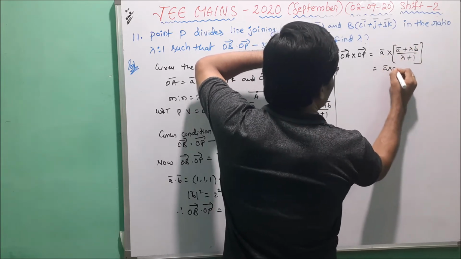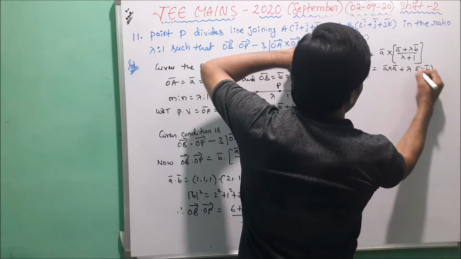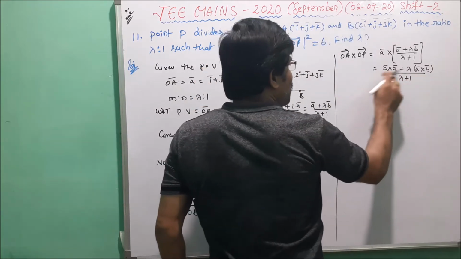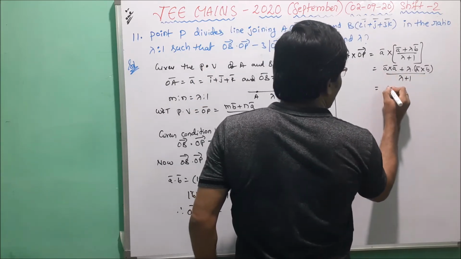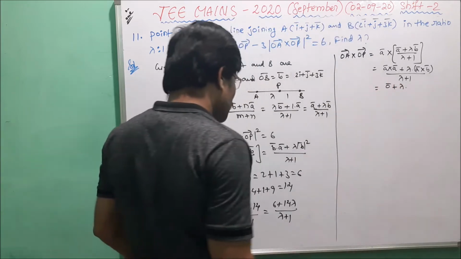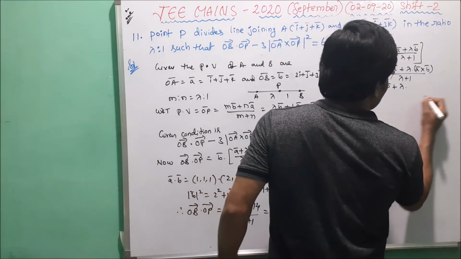This is A bar cross A bar plus lambda into A bar cross B bar by lambda plus 1. Here A bar cross A bar is always equal to the null vector O bar, plus lambda into A bar cross B bar. Here we need to find A bar cross B bar.